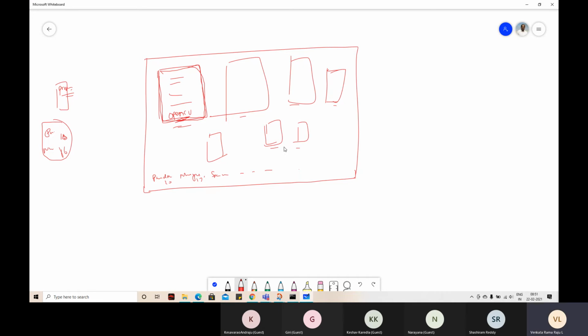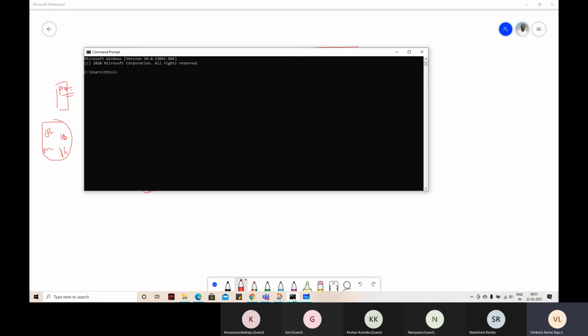Got it? So to create a virtual environment in Anaconda, the command is conda create -n, the name of the environment. I'll say Tflow. And while creating this environment, do you want all the modules that are present in Anaconda or not?